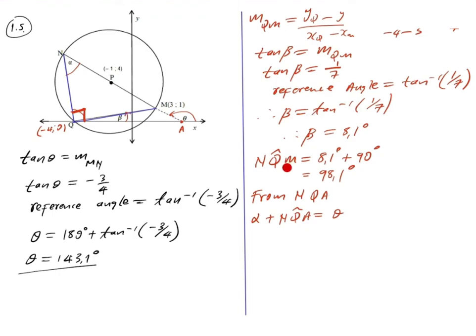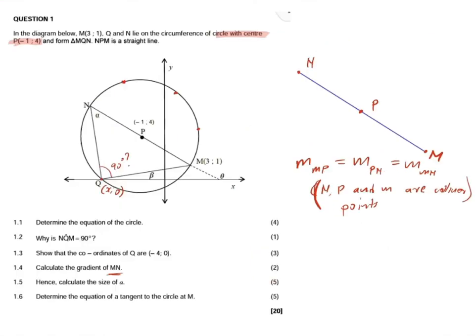By the way, this must be A, not M. It must be NQA. And therefore we substitute. We have alpha plus 98.1 degrees is equal to 143.1 degrees. And therefore alpha is equal to 143.1 degrees minus 98.1. Now this gives us the answer. Theta is equal to 45 degrees. We'll solve this question. So let's move on to the last part, which is 1.6.